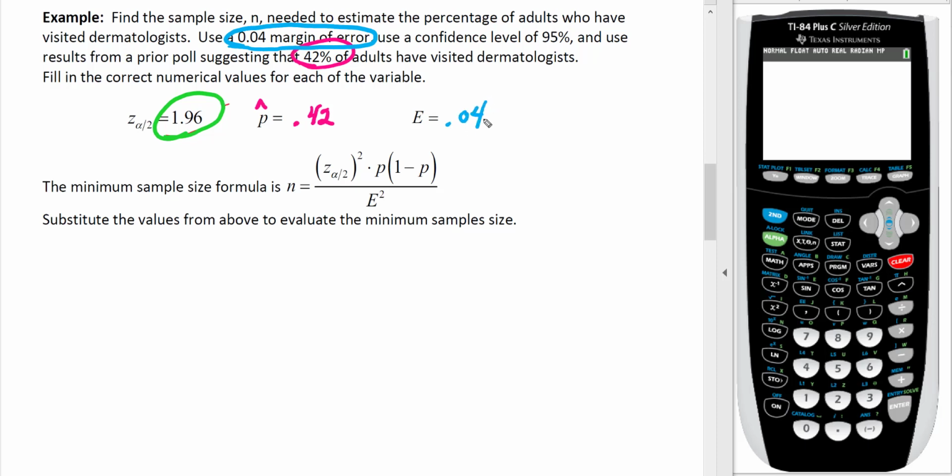Now, according to our evaluation, we're going to have to substitute these values. So let's go ahead and do that.